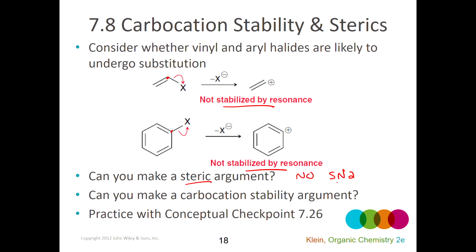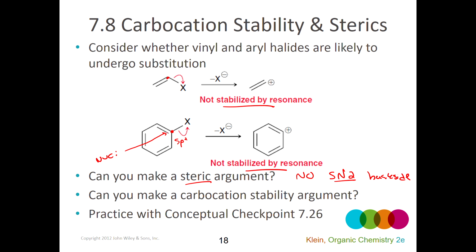Right? SN2 requires a backside attack. It requires the nucleophile to come in exactly 180 degrees away from where the leaving group is. But if this is an sp2 hybridized carbon, it's flat. And this ring is in that plane. And the nucleophile, there's no way it's going to make it in there.